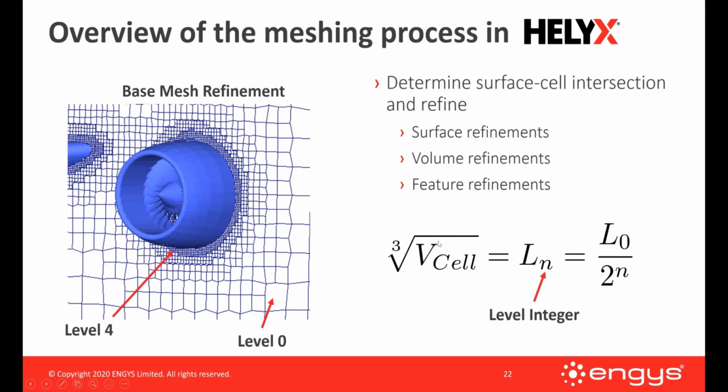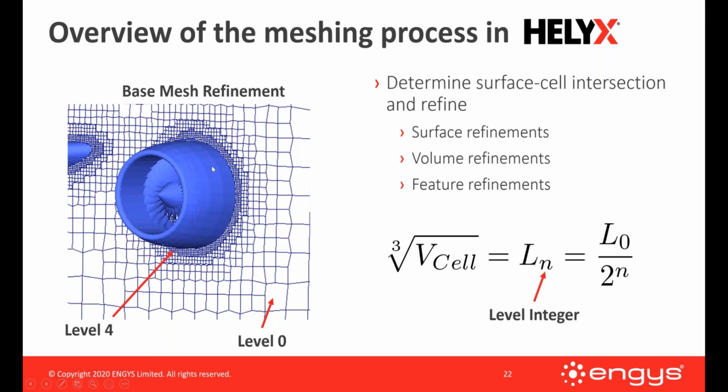If we take the cube root of that cell, imagining that these cells are perfectly orthogonal, they're perfect cubes, then the characteristic length of that cell will be related to the level 0 measure divided by 2 raised to the level, so level n. This is very simple math that we can use to determine very easily what our level might need to be.